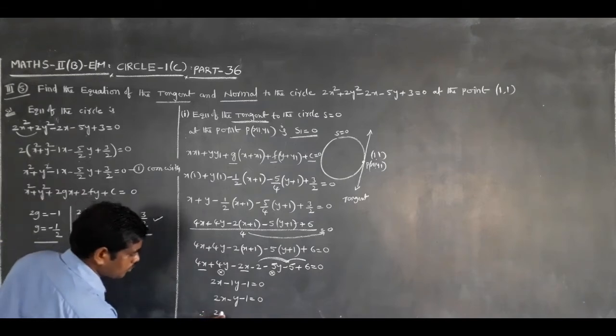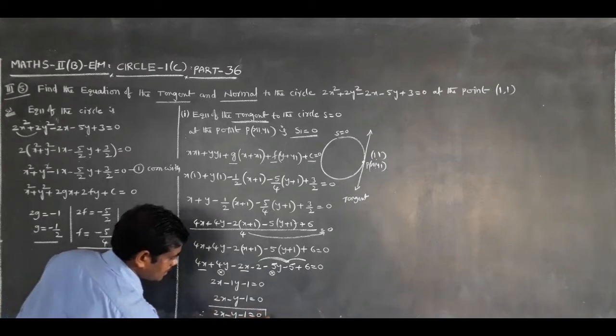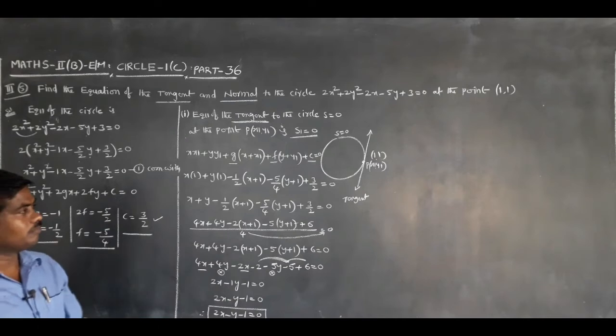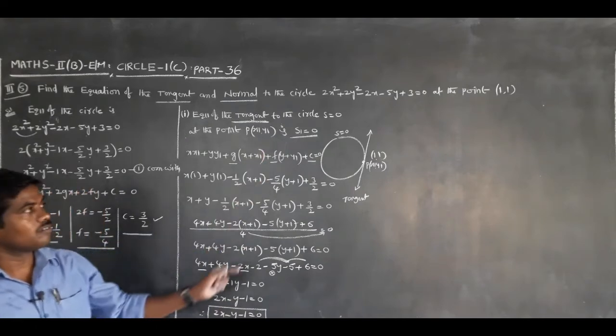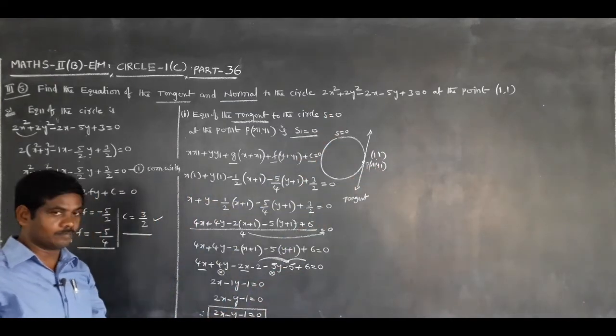Therefore, 2x minus y minus 1 is equal to 0 is the equation of the tangent to the circle S is equal to 0 at the point (1, 1).